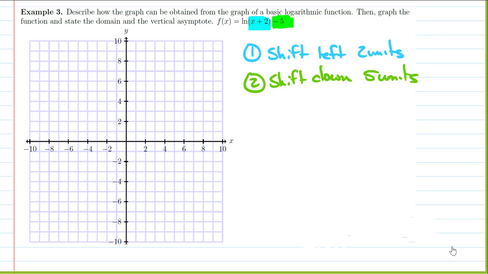So observation, moving a graph up and down will not change the vertical asymptote. The only thing that's going to change our vertical asymptote and our domain is horizontal shifting. And so we're going to shift left 2 units.